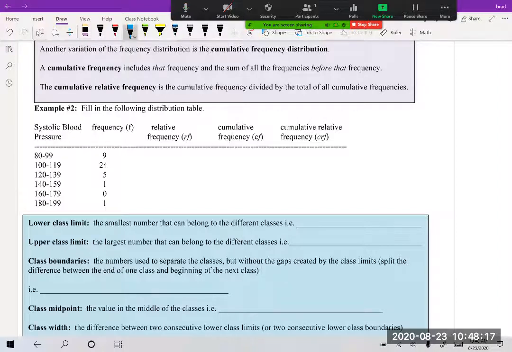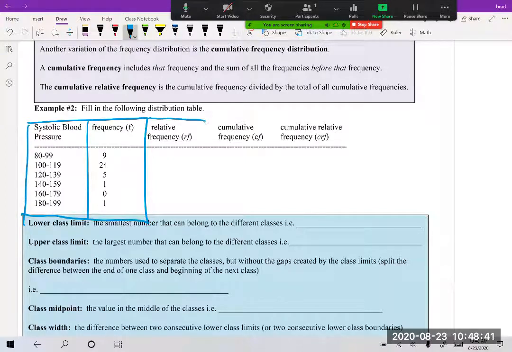So if we're here in category 9, it says systolic blood pressure, they have it between 80 and 99. They have 100 to 119. They have 120 to 139, so on and so on. And then this is the frequency. So just this right here, if we built this table, this would be what we call a frequency table, and we'd be done. But now they want us to add a relative frequency column.